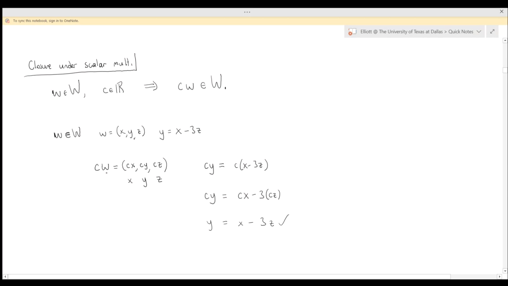So that means vector CW also satisfies this property, and therefore it is also an element of W. So this shows that if you take any vector in W and multiply it by any scalar, the result is in W. So W is closed under scalar multiplication.